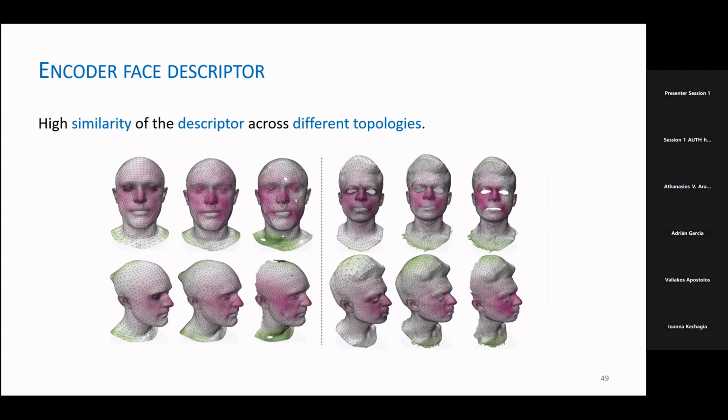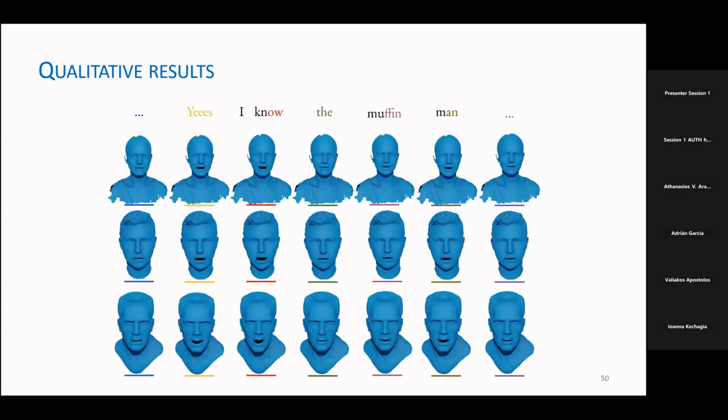Here you can see meshes that have a different number of vertices and different connections, but again the descriptor, which is represented here by the color of the mesh, is capable. You see the colors are more or less the same in the same part of the face for different topologies. And here we have some generated sequences, but then I will show you some videos.